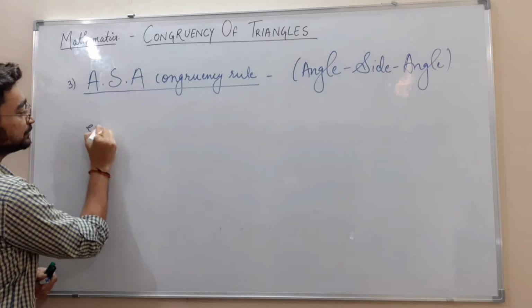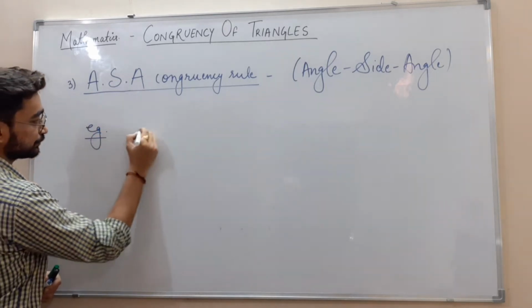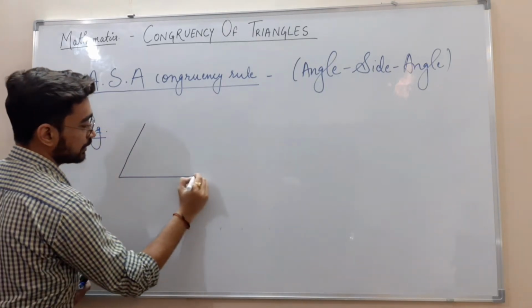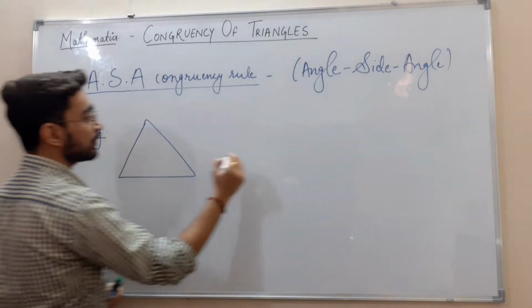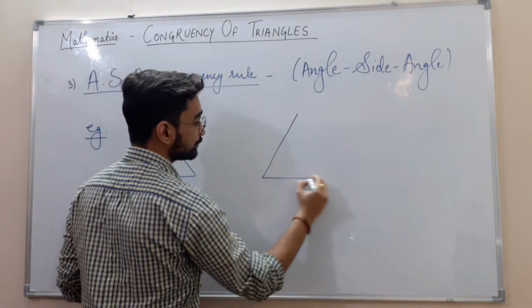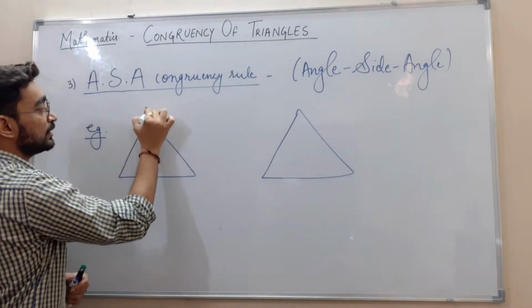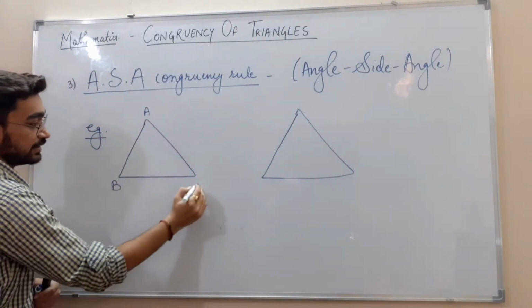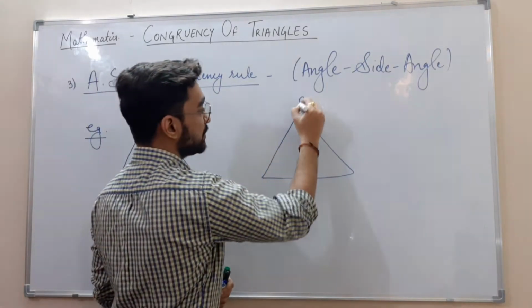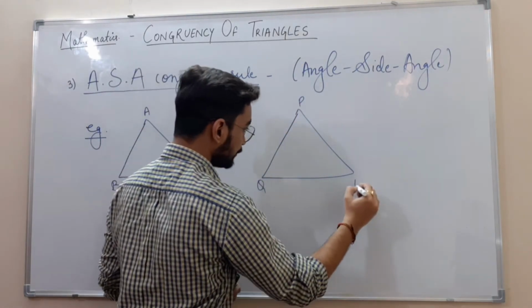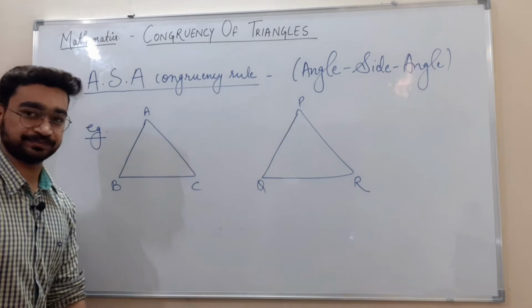For example, I am having one triangle here, another triangle here, triangle ABC, triangle PQR.